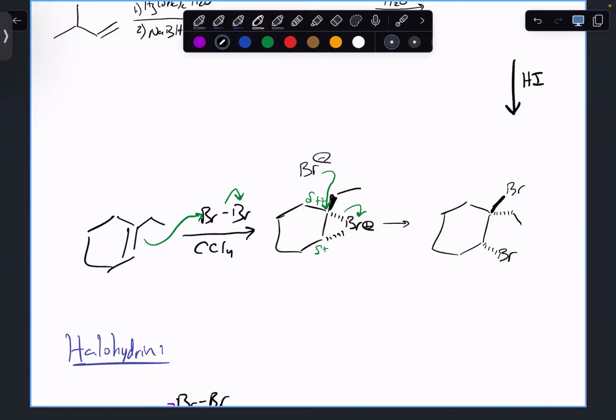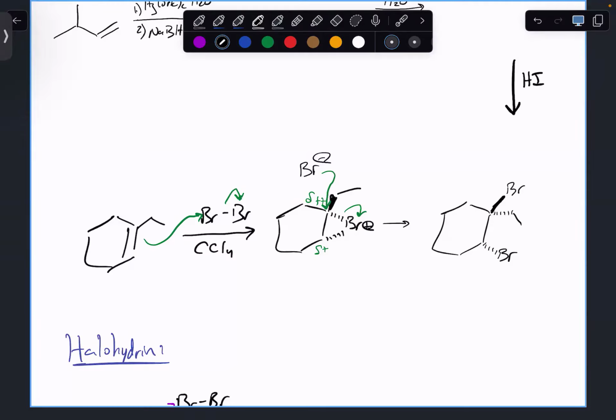Okay, questions on this? No, it could apply. Well, the stereochemistry aspect really only applies to rings, but the regiochemistry can apply to anything.